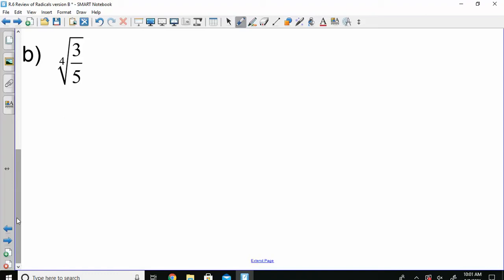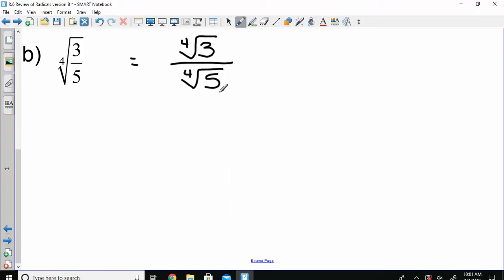Give you the 4th root of 3/5. If you have a fraction under a radical, you could split it up and do the top and the bottom separately. Okay.